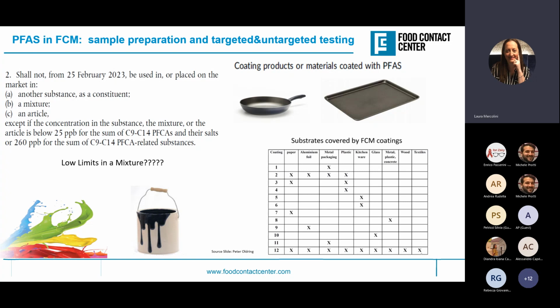That's why for our customers that are producing frying pans, sometimes we have to test also the mixture, so the raw materials that they use, because they know that the final item is respecting the legislation, but of course they have the doubt that they are receiving some raw materials that are not respecting the legislation.